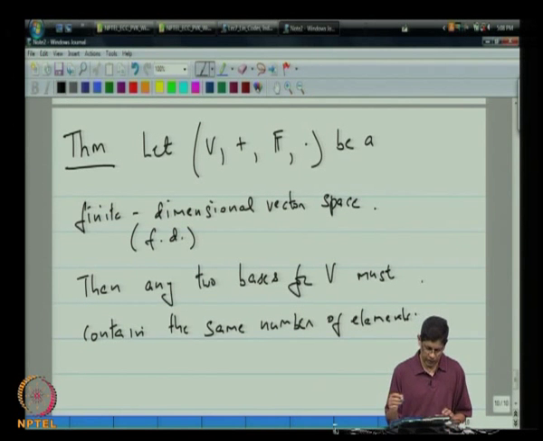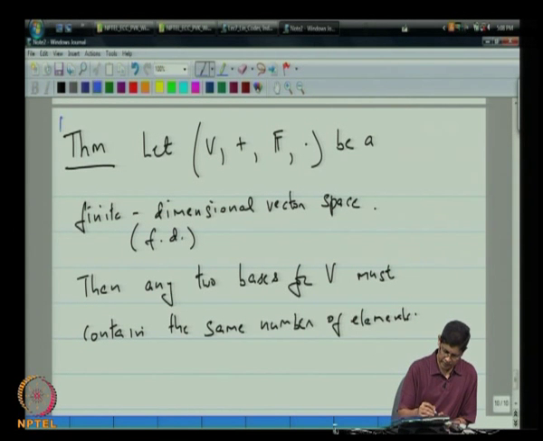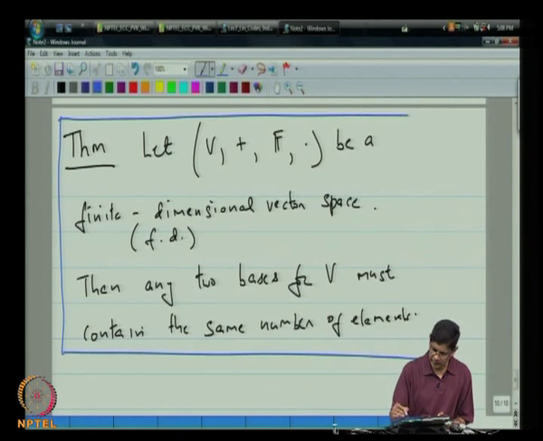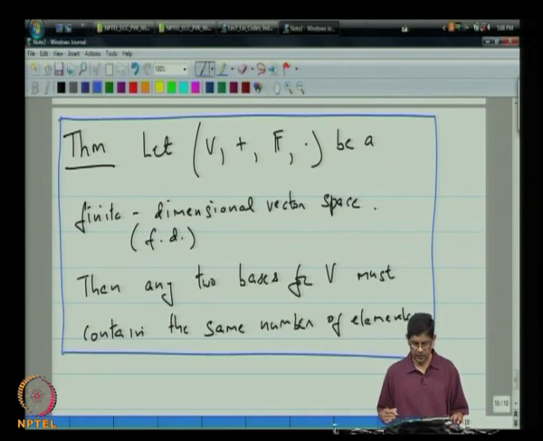In particular, it is not possible that if a vector space has one basis that consists of a finite number of elements, it can have at the same time another basis containing an infinite number of elements. So finite dimensional vector spaces will always have a finite basis.